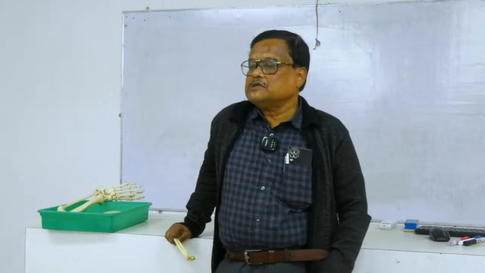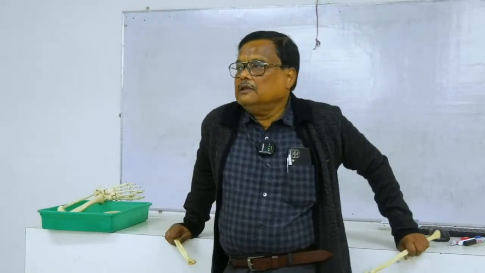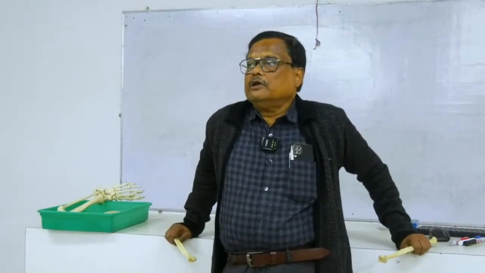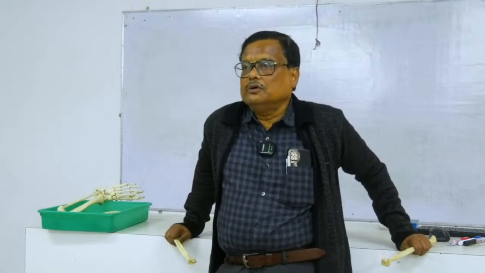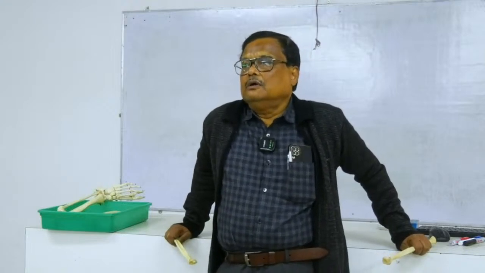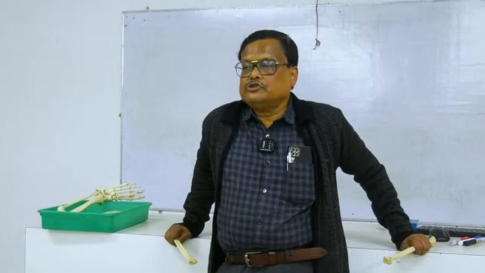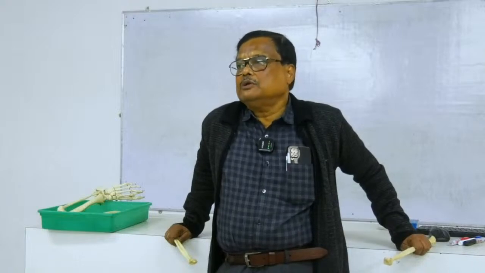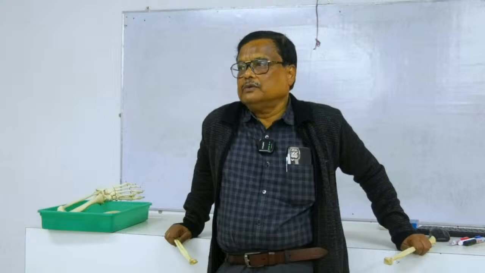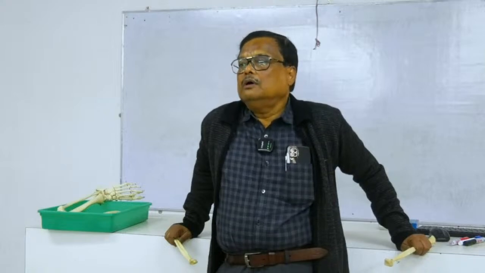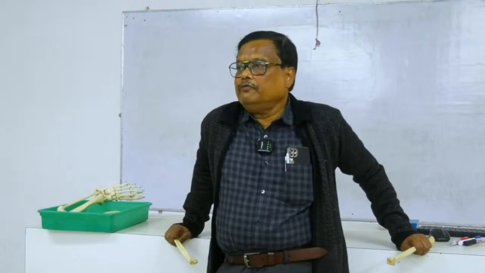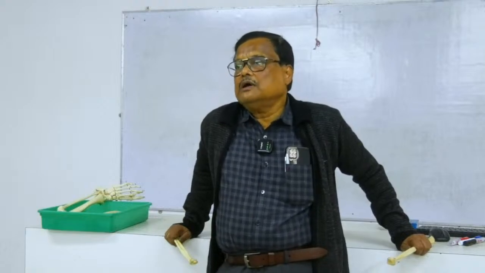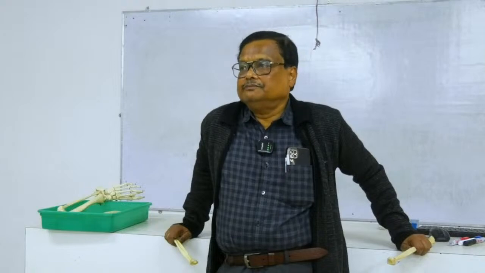There are so many muscles in the leg for extension, flexion, inversion and eversion of the foot. The tibia alone is not sufficient to give attachment to these muscles, so the fibula is given to provide the surface on which the muscles are attached.